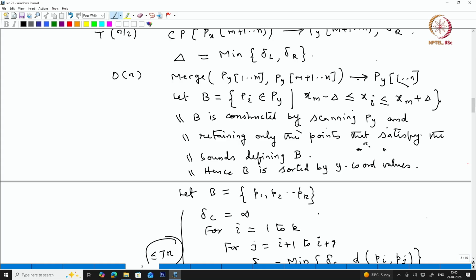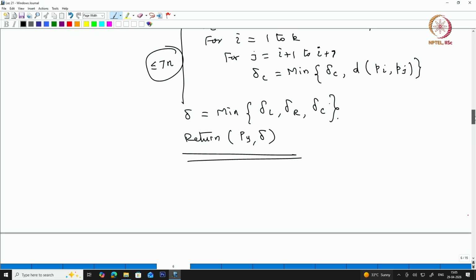And you are constructing B by scanning Py, putting either a point in B or not, and when you put the points in that order, B is automatically sorted. Since the sorted version of the points in B is available, I do this. We have already seen that this is 7n, order n. Therefore, the complexity is T of n equals 2 times T of n by 2 plus order n, and that is order n log n.